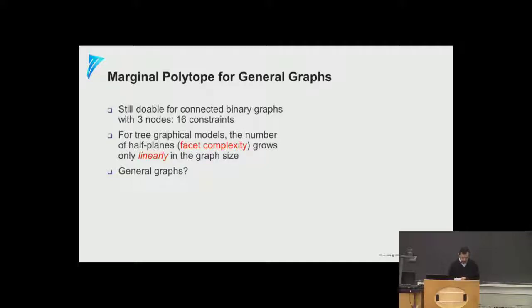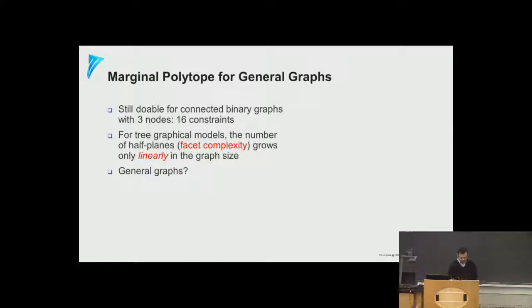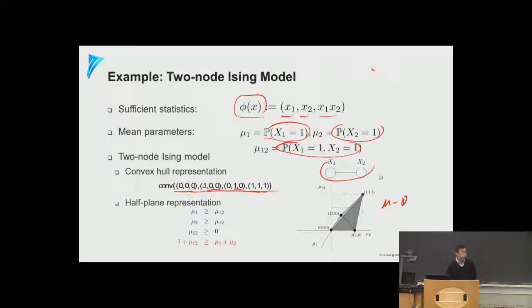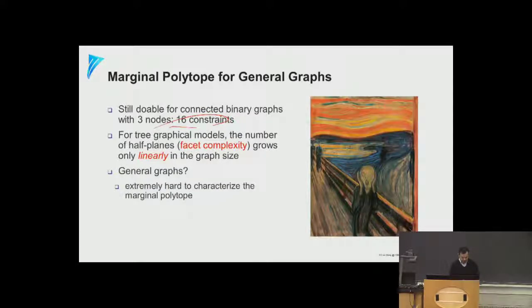As you can imagine, the marginal polytope is a very complicated concept. For 2 nodes, I can write a shape like this. For 3 nodes, you can try. In fact, I would really like you to try it. It gives you 16 constraints, a lot more constraints. And if you have more nodes, then writing down the convex hull or the marginal polytope is going to be impossible.